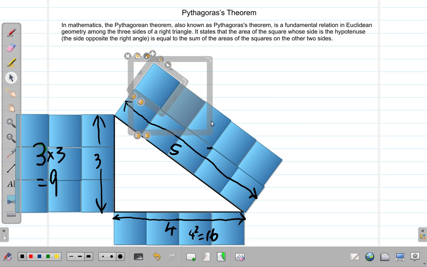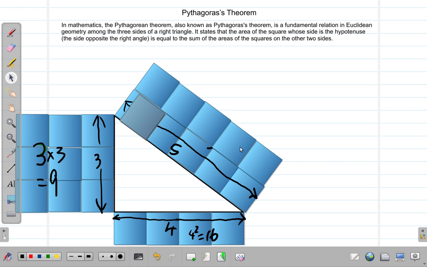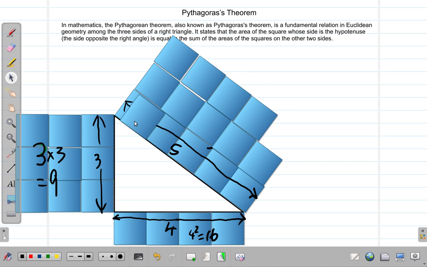Right? Let's paste some more. So we have another 1, 2, 3, 4, 5 squares. Okay.